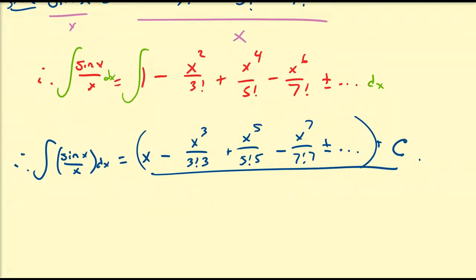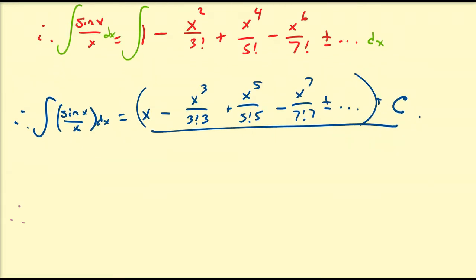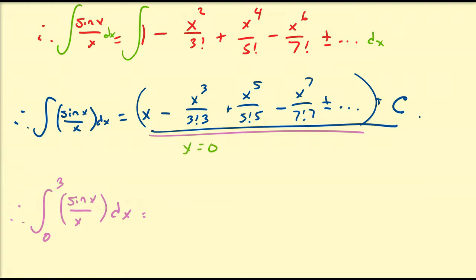Alright, so now I'm going to find my solution to the problem I have. If this is the case, the integral from 0 to 3 of sine x over x dx must be equal to this expression evaluated at 3 minus that expression evaluated at 0. When x is equal to 0, this whole term is going to go to 0 because each of those terms has an x in it, and we're not dividing by x here, so we don't have any issues there.